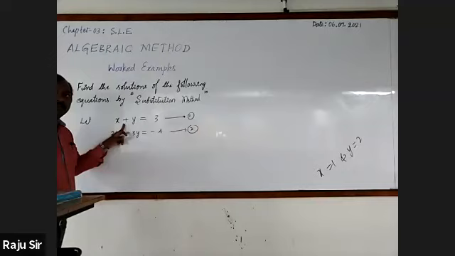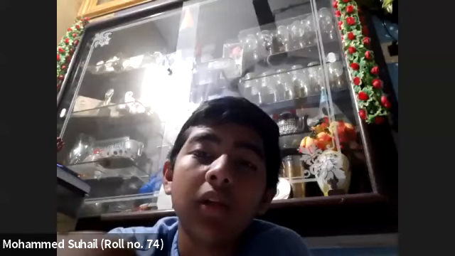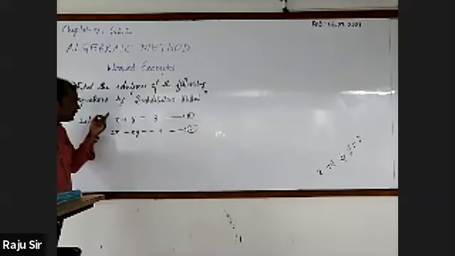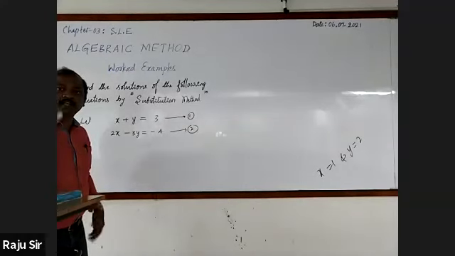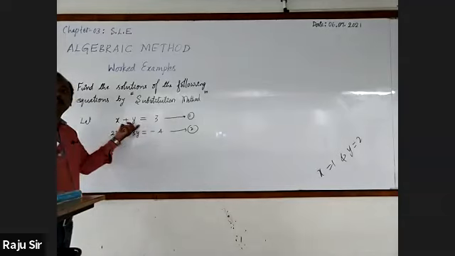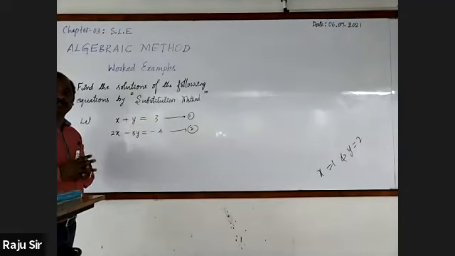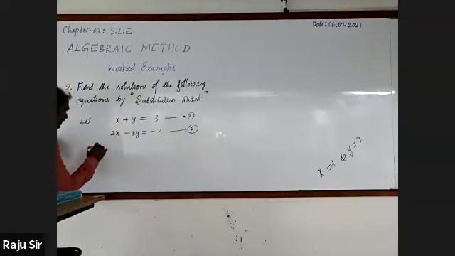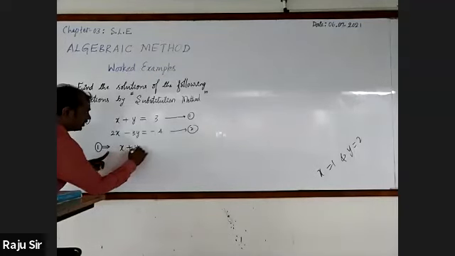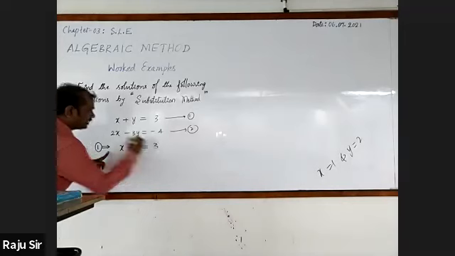Do you know the reason? The coefficient is just one. Where the coefficient is least, I take that equation. So in the first equation, the coefficient is just 1. Hence, I take the first equation, x plus y is equal to 3.